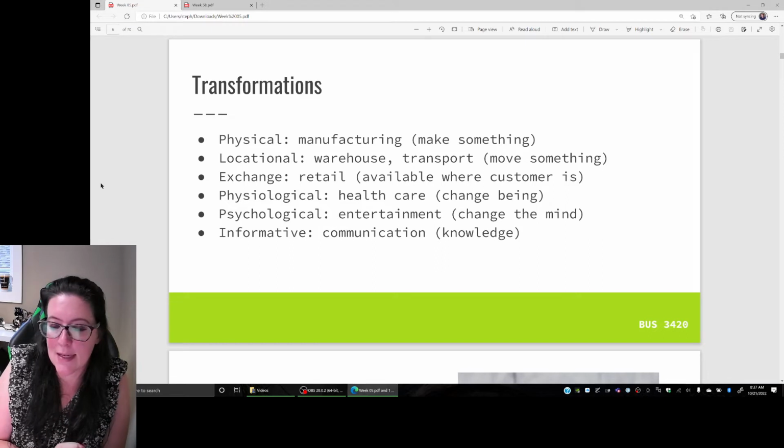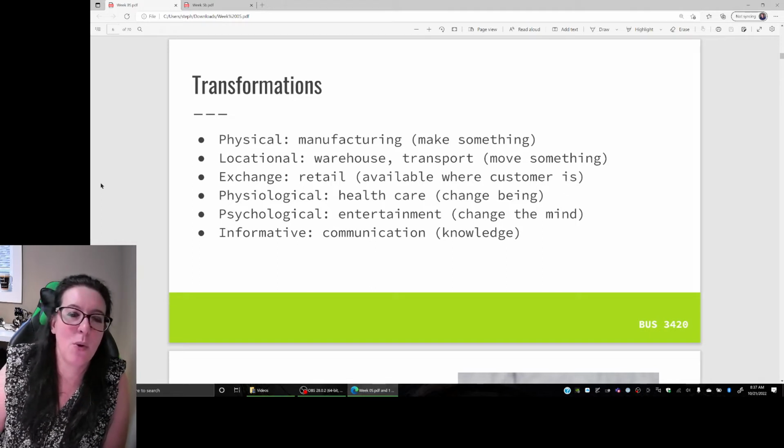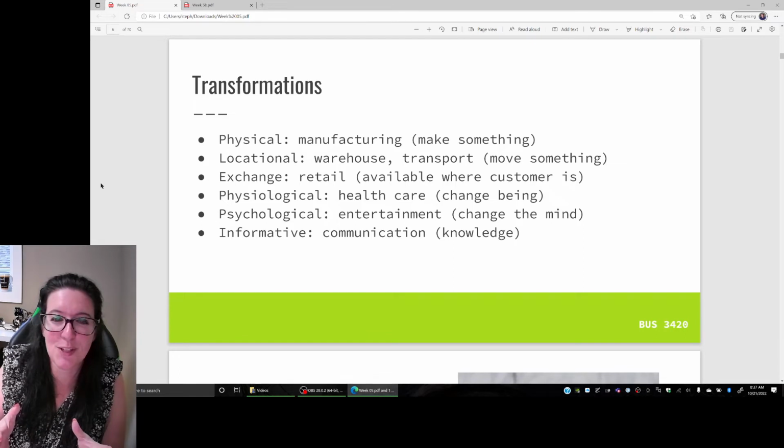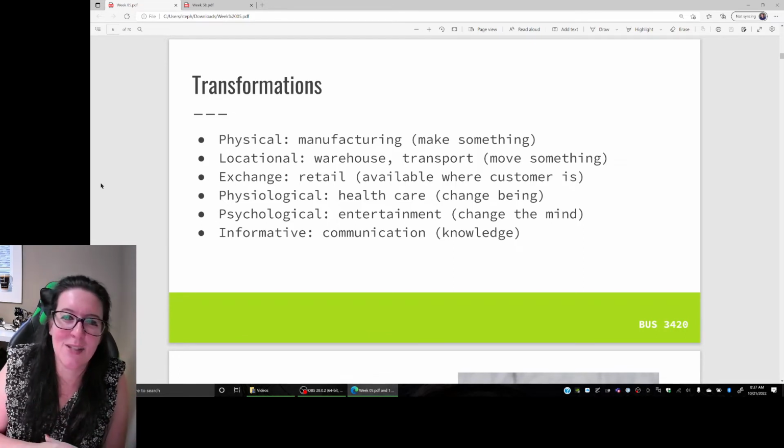Companies like DHL and FedEx are locational. They are transport. There are also companies that provide groceries to the grocery store, or food to the restaurant. If you warehouse or you transport, you're adding value by moving something, locational transformation.